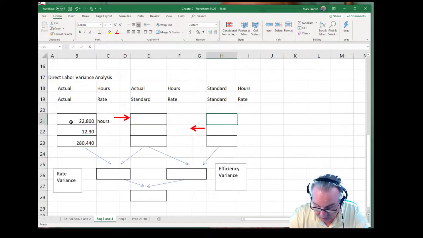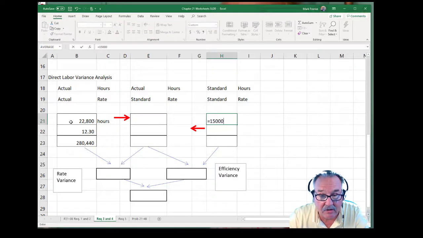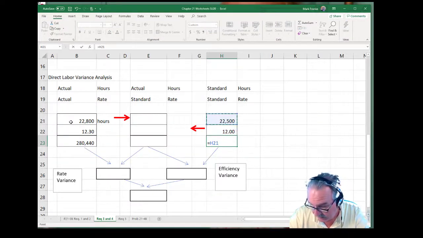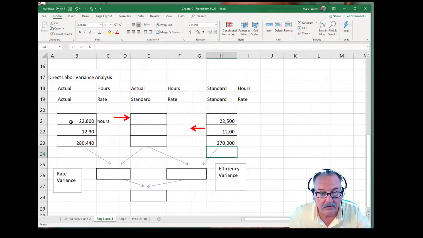Our standard is, again, 15,000 units times 1.5 hours per unit. Our standard rate is $12 per hour, which is a total of $270,000.